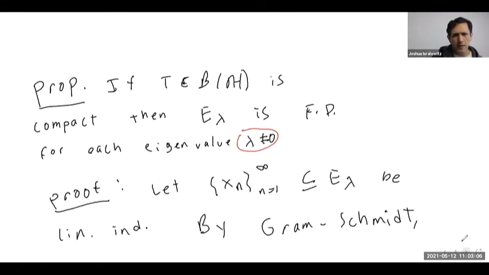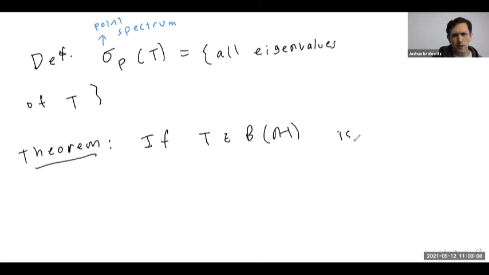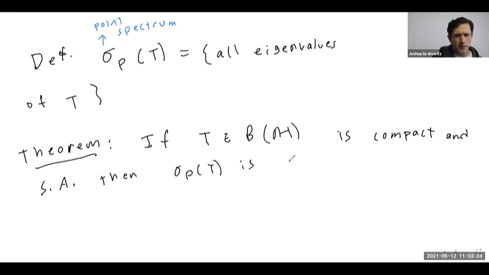If we do have a compact self-adjoint operator, and if H is a Hilbert space, then this is either finite or countably infinite.